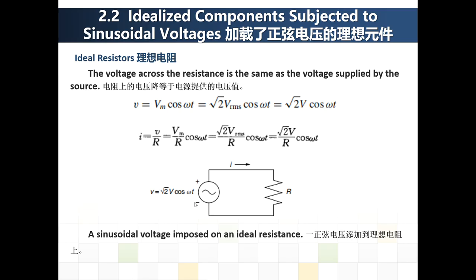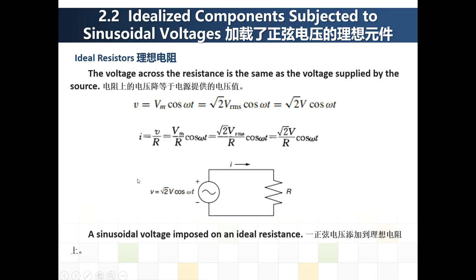Since the instantaneous value v is equal to Vm cosine omega t, i is equal to v divided by R. Therefore, it is also equal to Vm divided by R multiplied by cosine omega t.